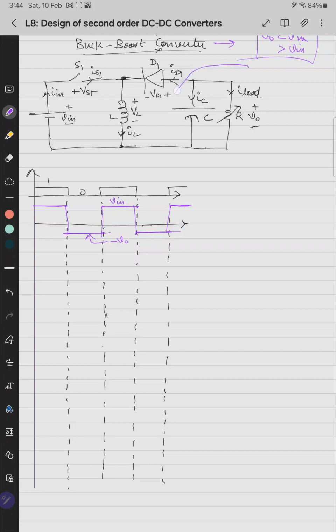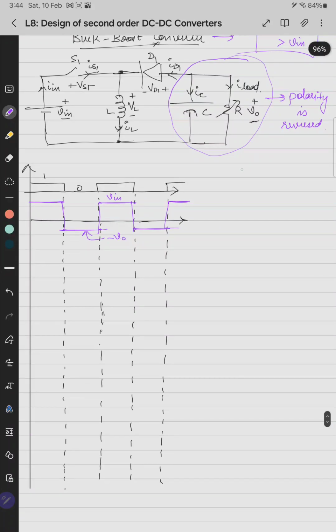So this polarity has to be reversed, like this. ID1. Now this will be IC.